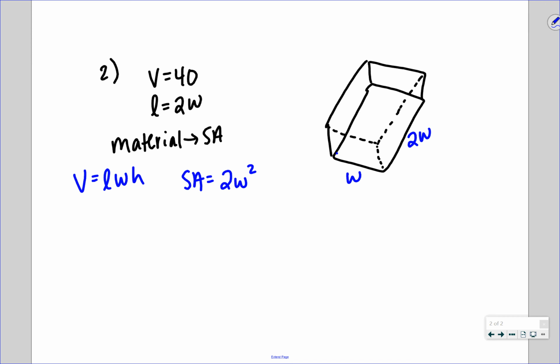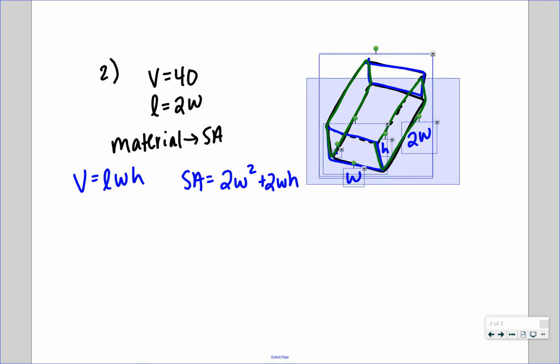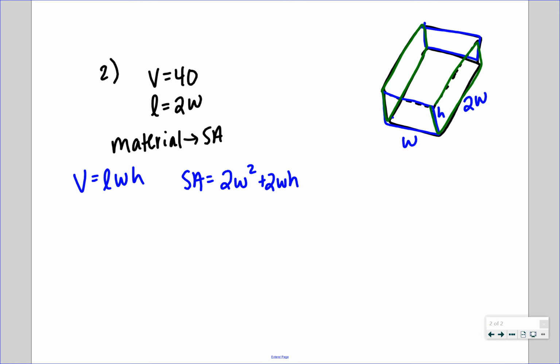I have this side and this side that are the same, and this dimension is height, so plus 2wh. And then I have this side and this side that are the same, so I have 2 of those, so plus 2, and its dimension is 2w times h.